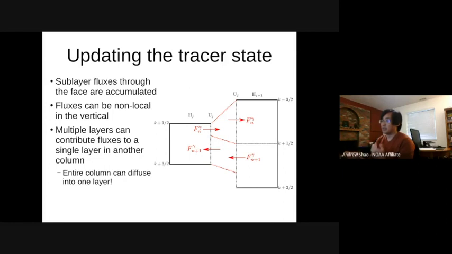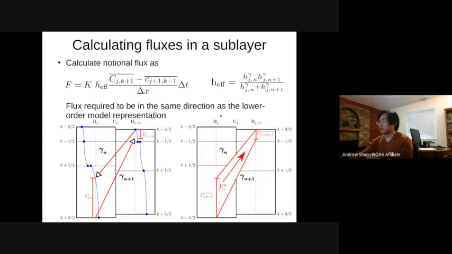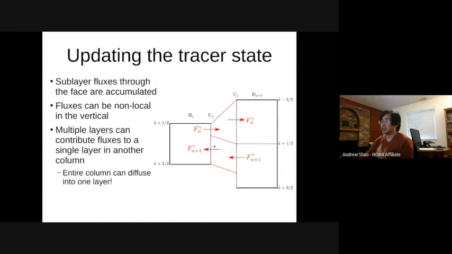So in this particular example, we have a single cell on the left-hand side that has connected via these sublayers to two different parts of the water column on the right-hand side. But we've calculated these neutral fluxes within the sublayer, right? So there's only two fluxes actually in play here.